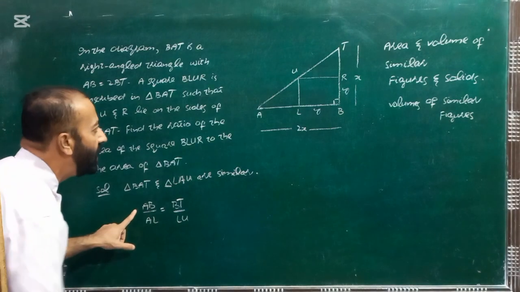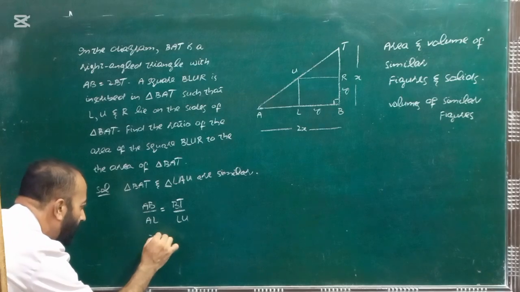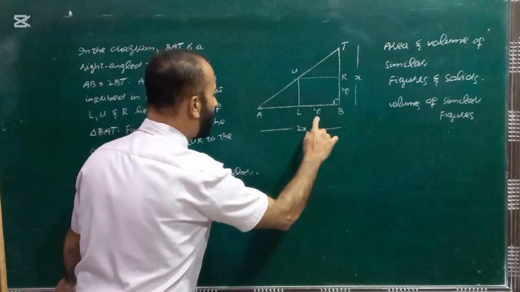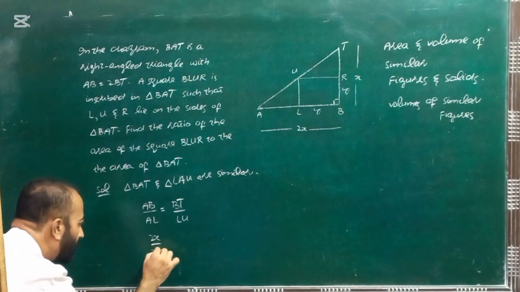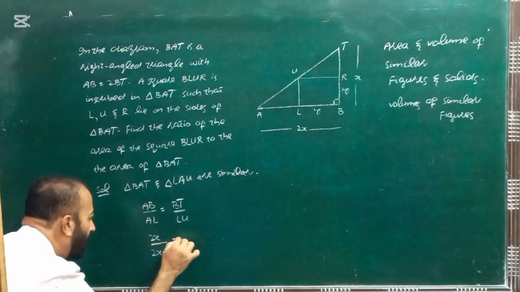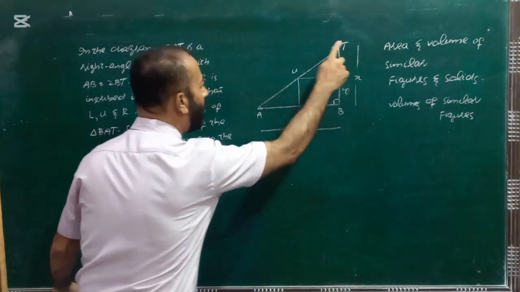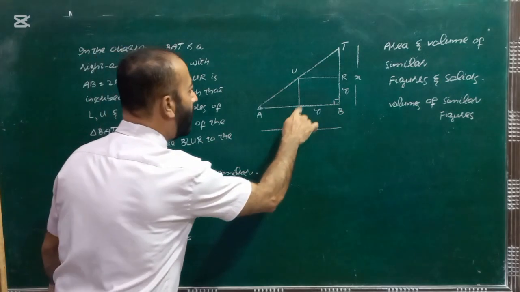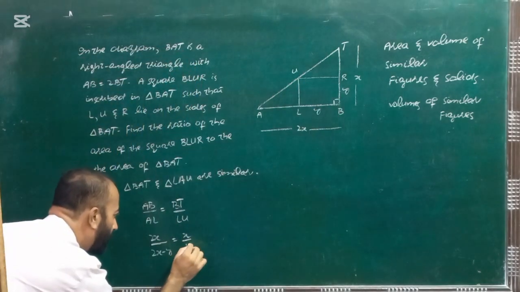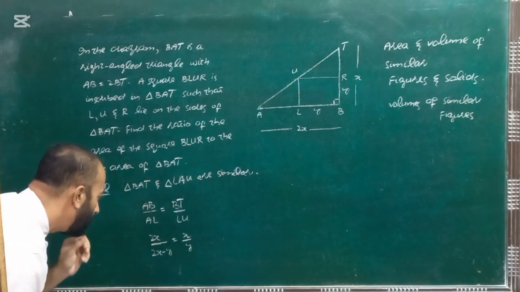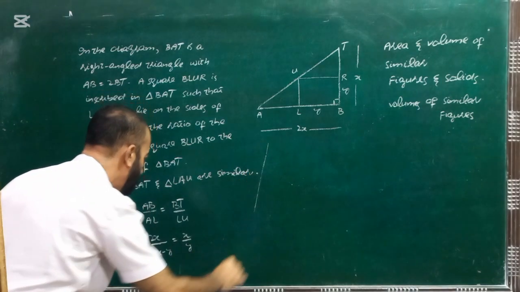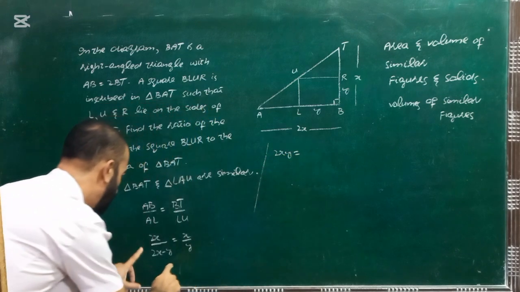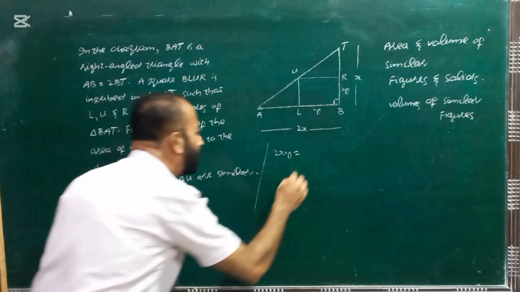Putting the values, AB is 2x and AL will be equal to 2x minus y, equal to BT, that is x, over LU. LU is y. Okay. From here, cross multiplying the values. So 2xy will be equal to 2x square minus xy.